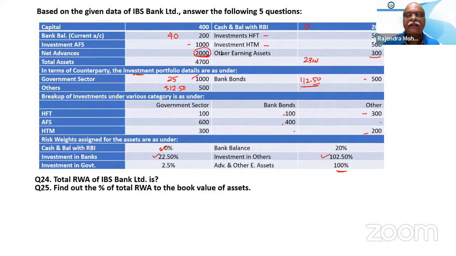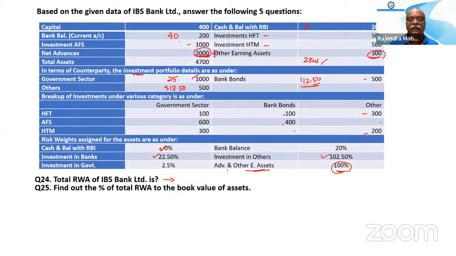Net advance is 2000, other earning asset is 300, so together I have taken them, since advances and other earning assets are given at 100%. Except capital, everything has to be taken. The rest remains net advance plus other earning asset, where the risk weight is 100%. So 2300 plus 112.50 plus 512.50 plus 25 plus 40. How much is coming? That will be the answer for this one.